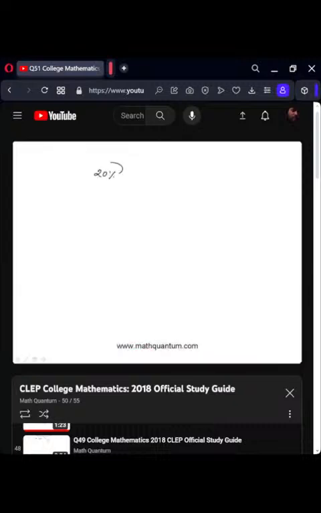So here we're told that if the annual interest rate for an investment is 20% and it's compounded 4 times a year, which answer is closest to the effective annual yield? Let's say the amount was P. The amount at the end of the year would be 1 plus the annual interest rate divided by 4, and then we'll have 4 periods, so 4 times 1 because it's 1 year.